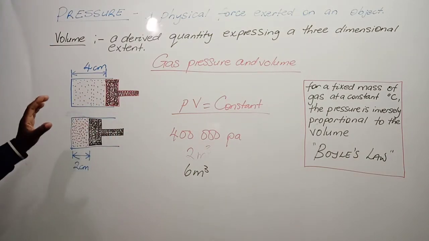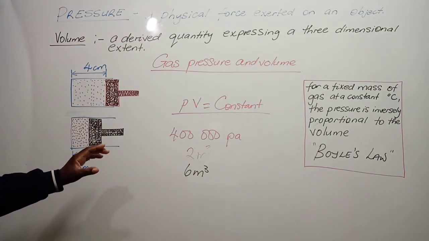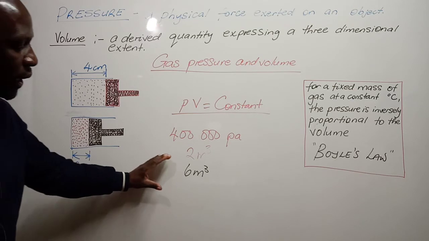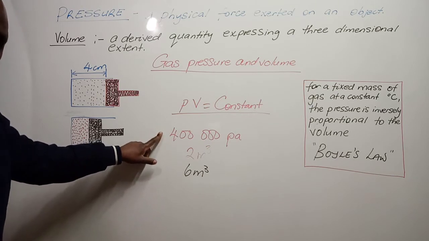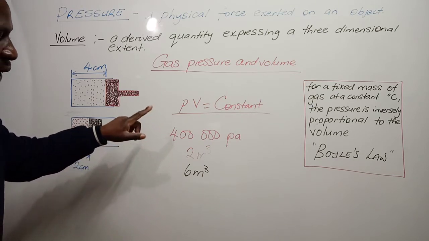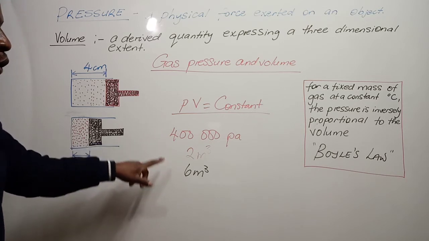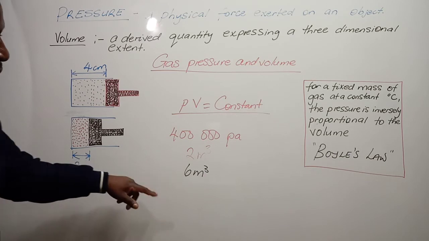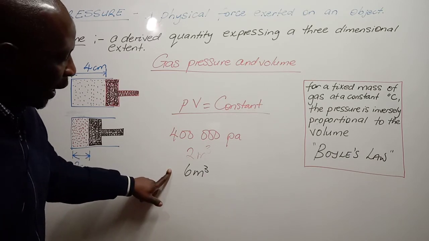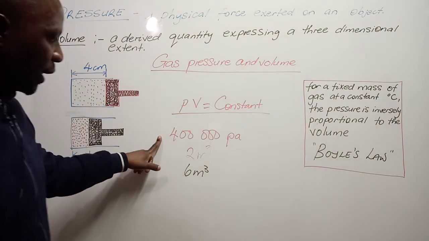So let's go back to our law. Our law states that when we increase the volume, we decrease the pressure. When we decrease the volume, we increase the pressure. So in this scenario, we can tell that the volume has been increased, so the pressure should decrease.